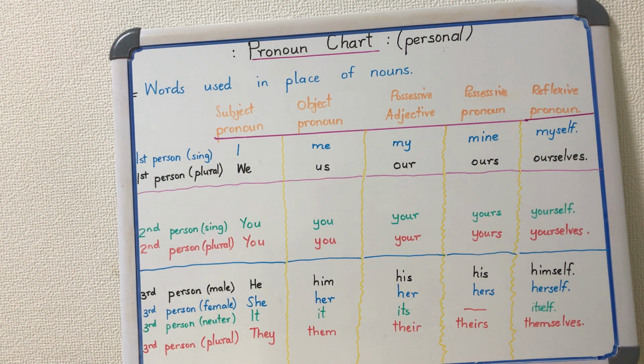So the you plural object pronoun, again, it's you. Possessive adjective, it's your. It's following the same, but still will be referring to a group. Possessive pronoun, it's yours. We are talking of a group. Yours, the first one is for just one person. The yours for the second one, it's for a group of people.